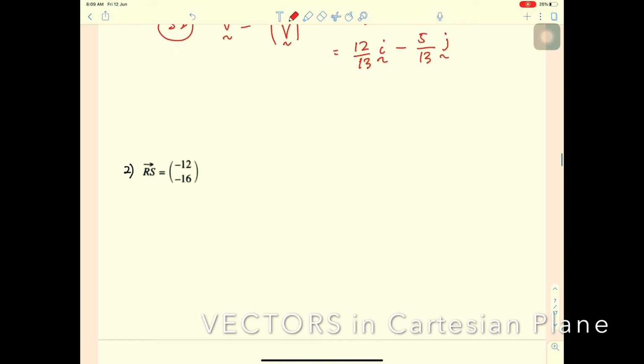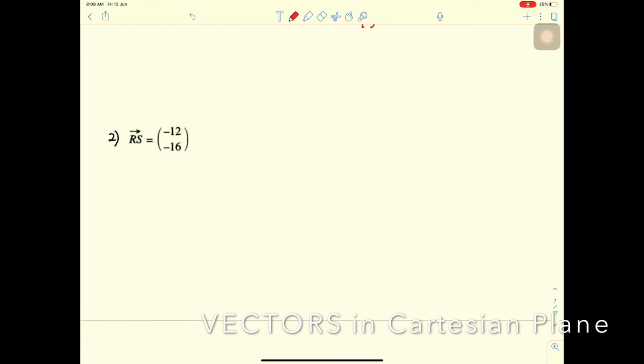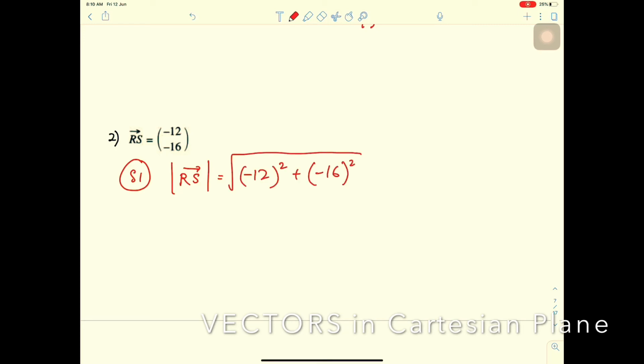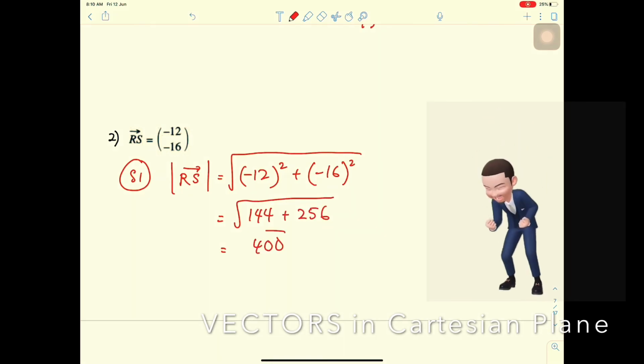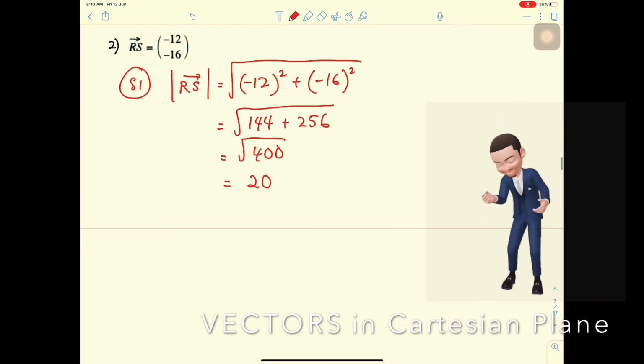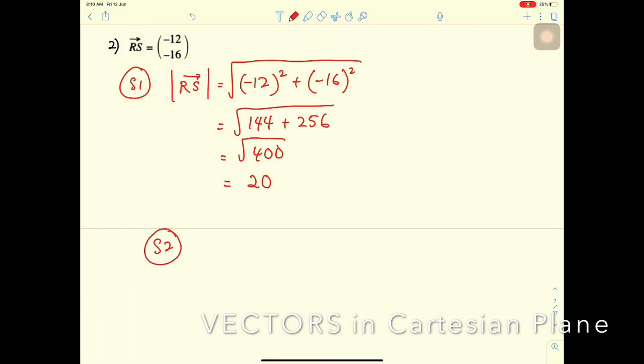Last but not least, in matrix form. Step 1: we find the magnitude of RS, which is the square root of negative 12 squared plus negative 16 squared. 144 plus 256 is 400, square root, so you get a magnitude of 20. Step 2: the unit vector of RS equals vector RS divided by the magnitude of RS, which is 1 over 20 times (-12, -16).